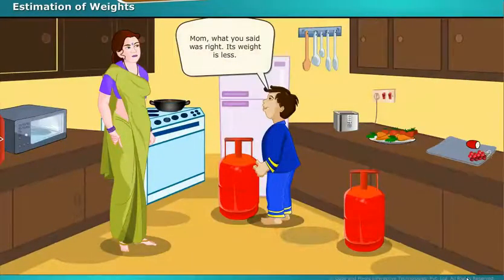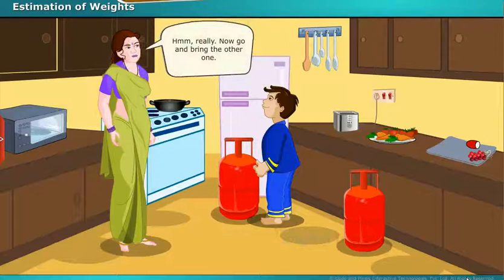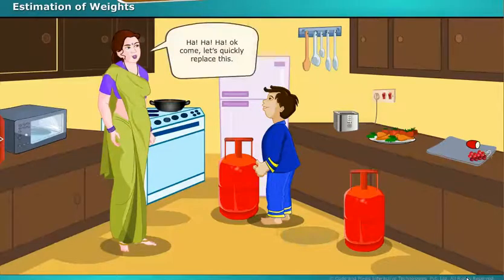Mom, what you said was right. Its weight is less. Really? Now go and bring the other one. Mom, it is too heavy for me to lift it. Please come for my help. Ha ha ha. Okay, come. Let's quickly replace this.